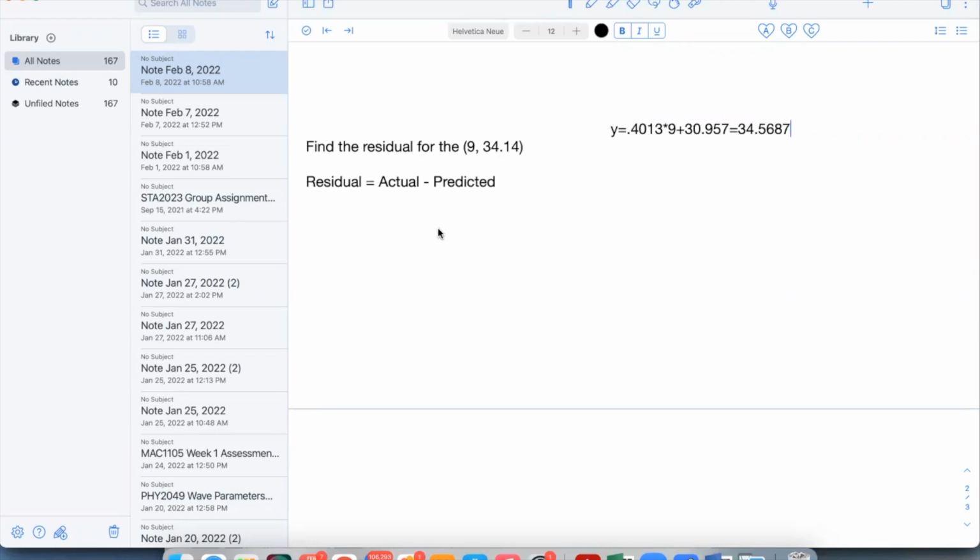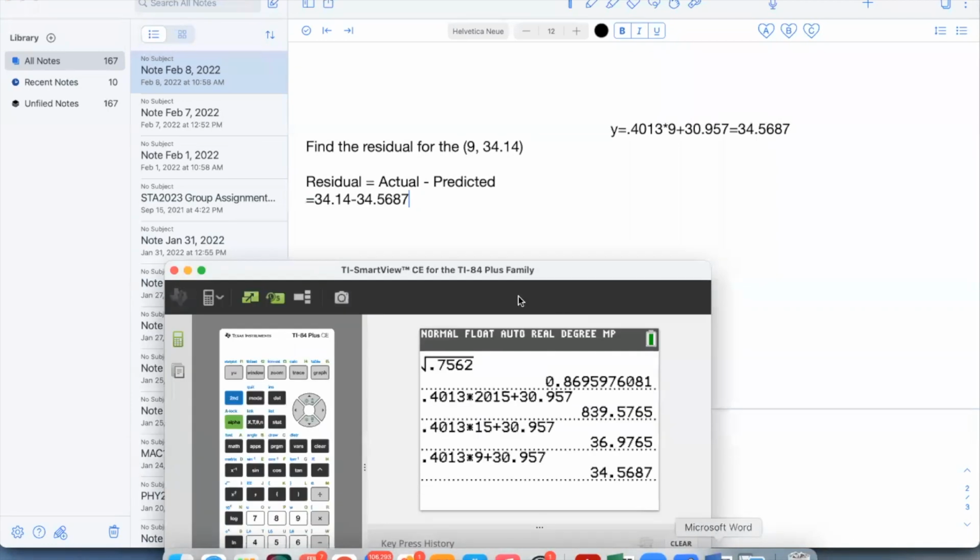There was my actual. So my residual will equal actual minus predicted. Okay, let's type that in our calculator. 34.14 minus 34.5687.